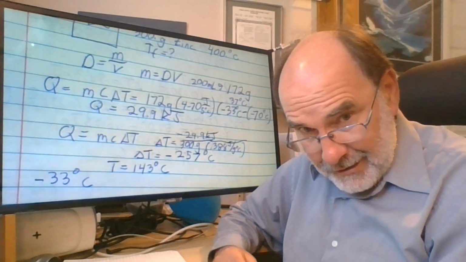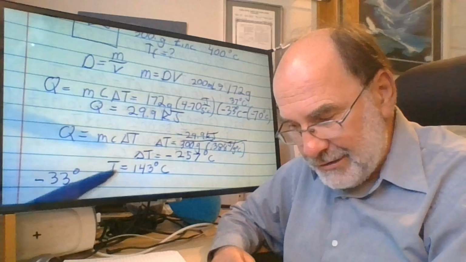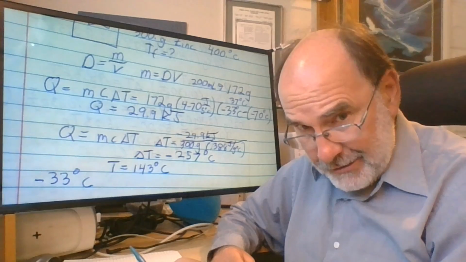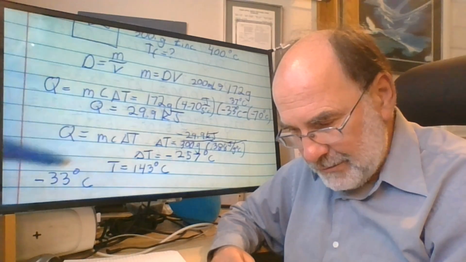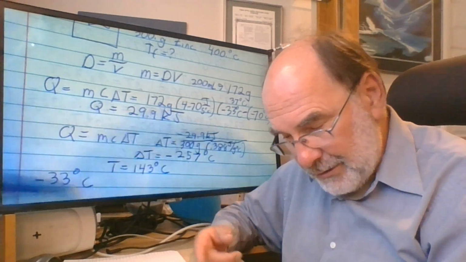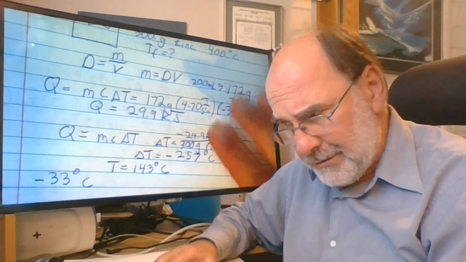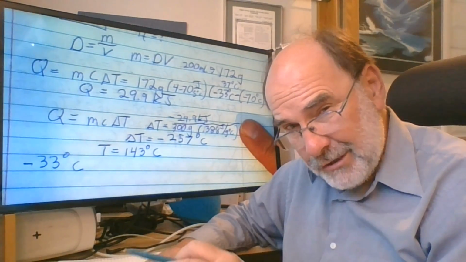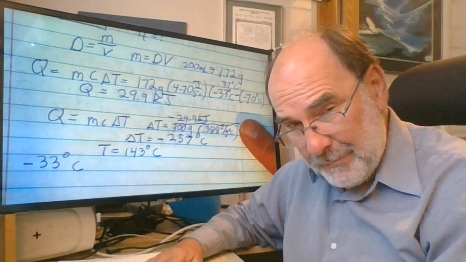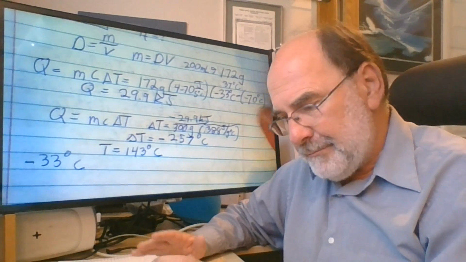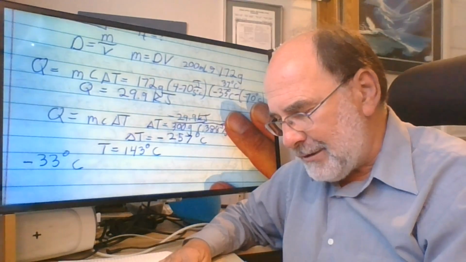So my guess is the zinc will not be able to provide enough heat energy to vaporize all of the ammonia. So I'm going to assume that the zinc has to cool all the way down to the boiling point of ammonia, and try that calculation and see if my assumption works out to be correct.